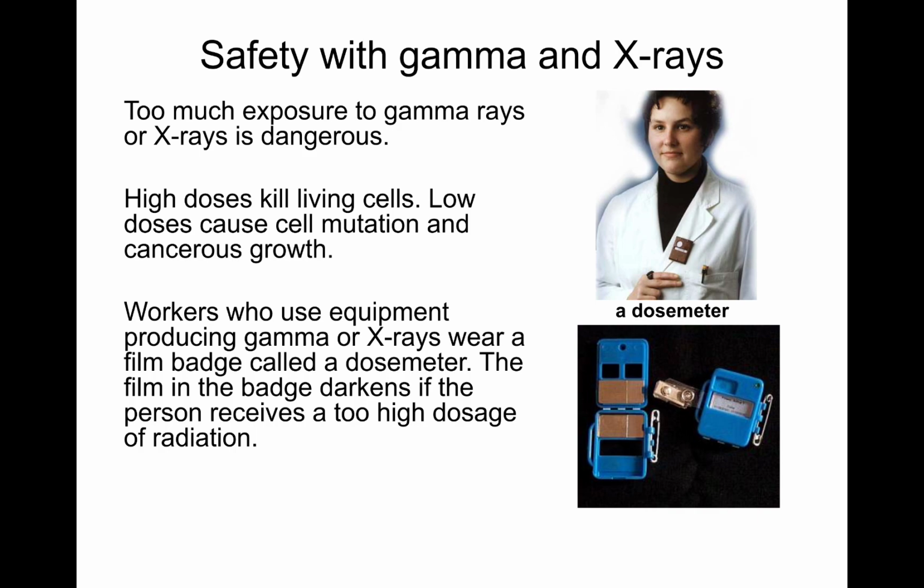The film in the badge darkens if the person receives too high a dose of radiation. And I imagine in most companies, if you receive too much radiation over too short a period of time, you would basically just be sent home, to limit the exposure, because too much exposure is very dangerous.